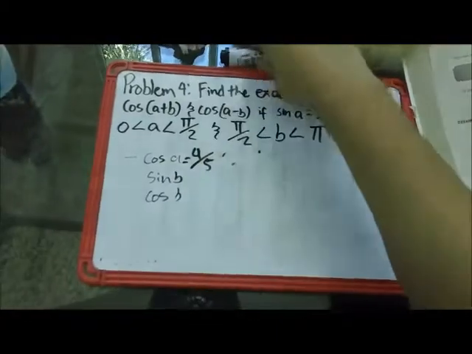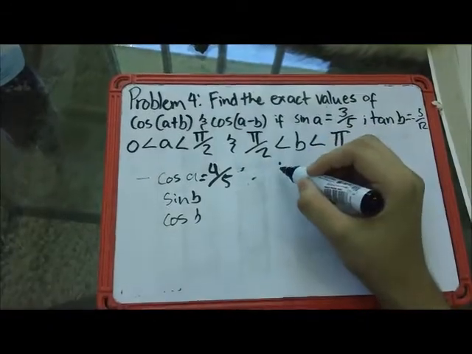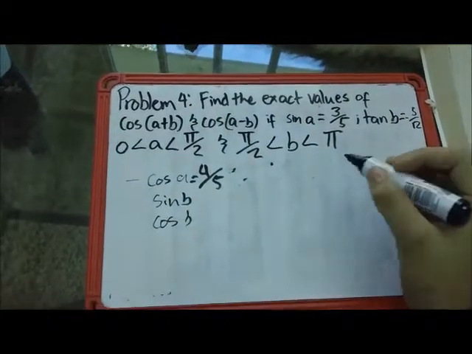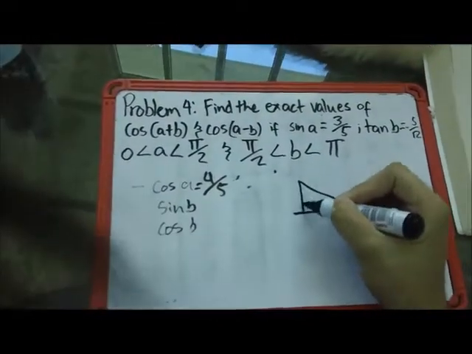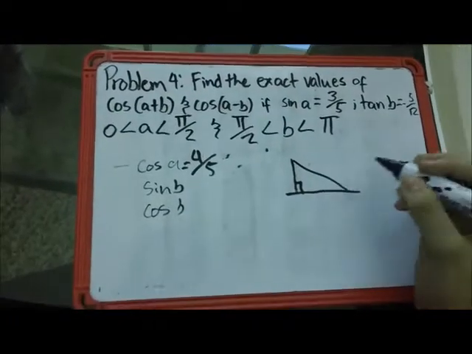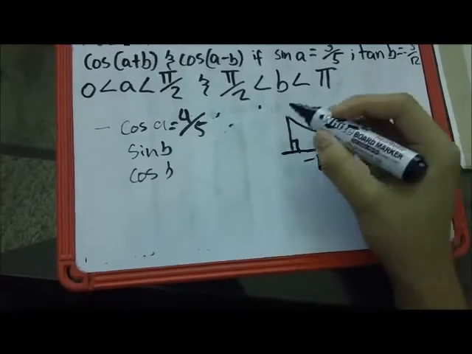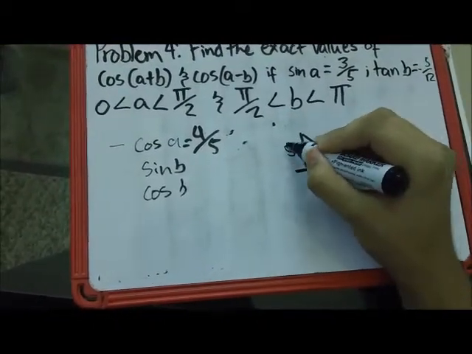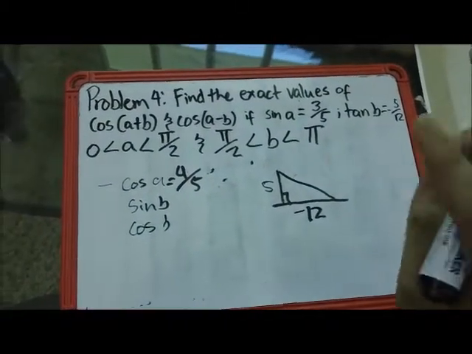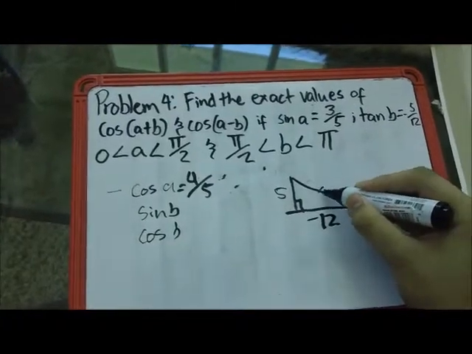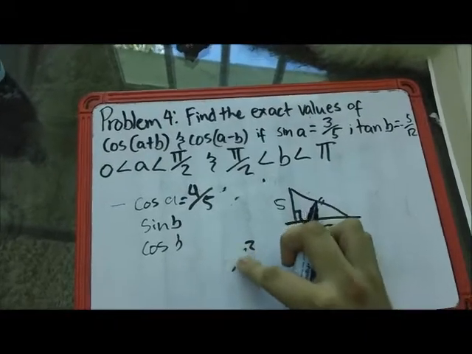Next, we get sine B. In order to get sine B, first we need to draw the quadrant where B is in. Since pi over 2 is just 90 and pi is just 180, B is in the second quadrant then. And then we substitute it. Since it's in the second quadrant, the adjacent side needs to be negative, so it's negative 12. And the opposite is positive. So it's 5 and negative 12. And then we use the Pythagorean theorem again to get this side.